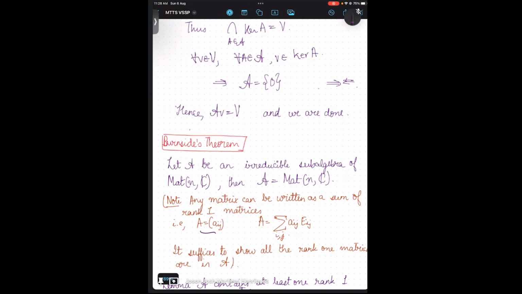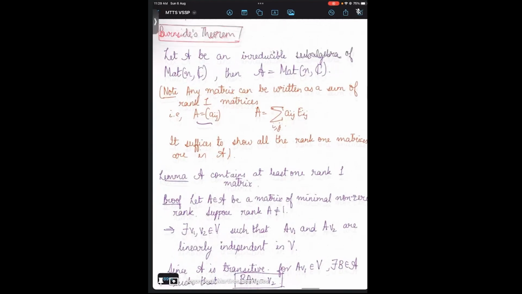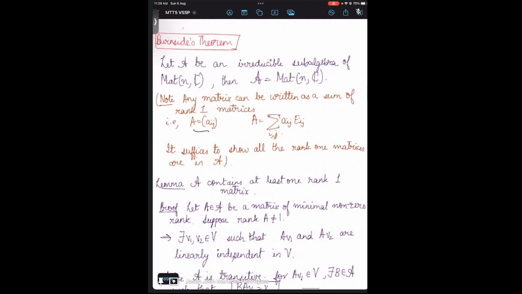So it suffices to show that all the rank 1 matrices are in fact in the algebra A that I'm considering. So I proceed by following 2 steps. The first thing that I show is that any irreducible subalgebra at least contains one rank 1 matrix, and I will use that rank 1 matrix then to prove that it should contain in fact all of the rank 1 matrices. Right. So again, we draw parallels with perhaps the proofs that we have seen before.